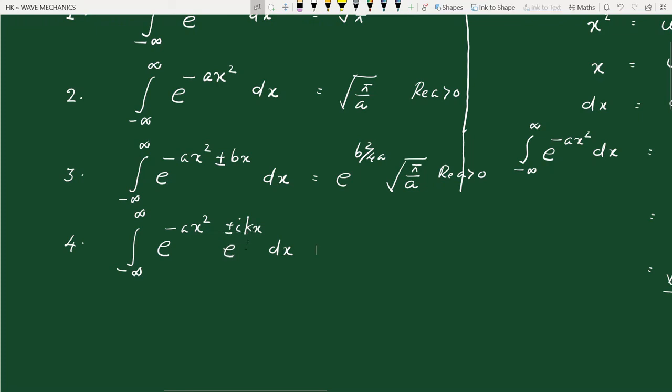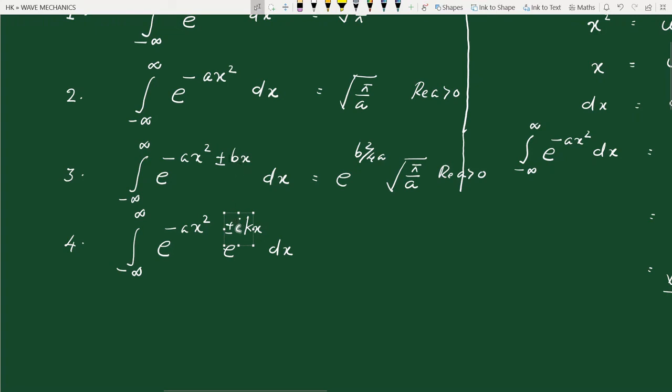You can readily see that you can combine these two exponentials as e raised to minus ax square plus or minus ikx, and you can use this formula. Only thing is that now the condition here is that k should be real. Remember from the previous result that b can be any complex number without any restriction, so ik can be complex. But here k should be real.